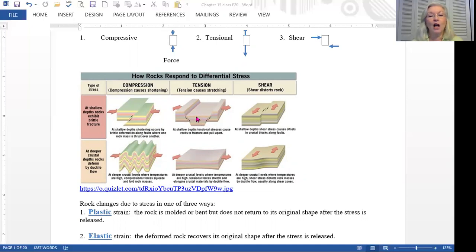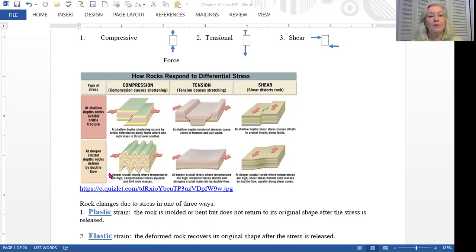So the block in the middle will actually slide down because the ones on either side are moving away from it. And then shear will cause offsets in the crustal blocks in the rocks, because the rocks are sliding past each other. And again, notice there are breaks, there are gaps in the rock right here and on this end.